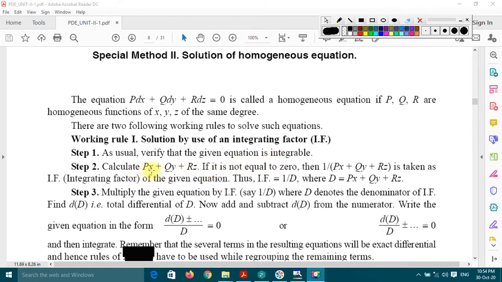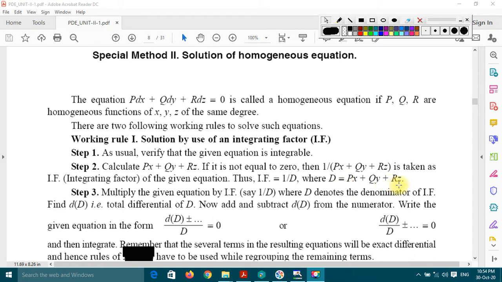Now calculate Px plus Qy plus Rz. If Px plus Qy plus Rz is not equal to 0, then 1 upon Px plus Qy plus Rz is taken to be the integrating factor of the given differential equation. We write the integrating factor as 1 upon D, where D is the denominator, and the value of this D is Px plus Qy plus Rz.